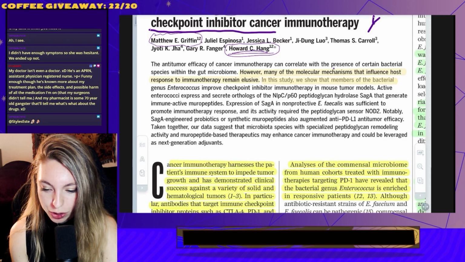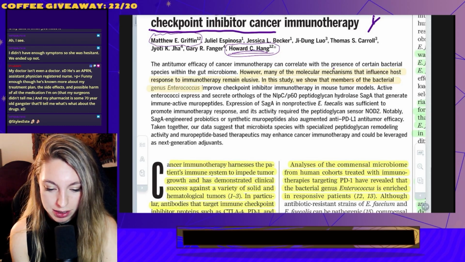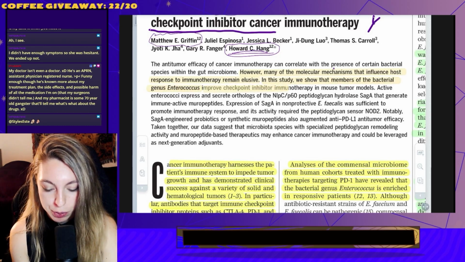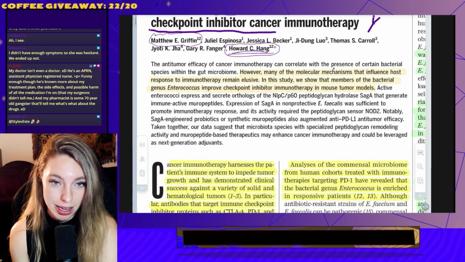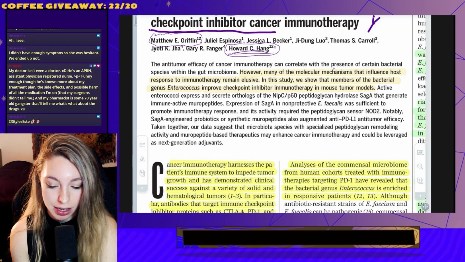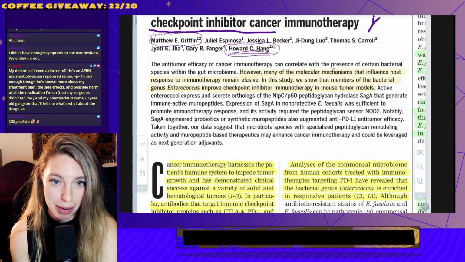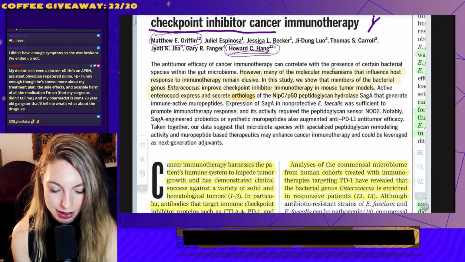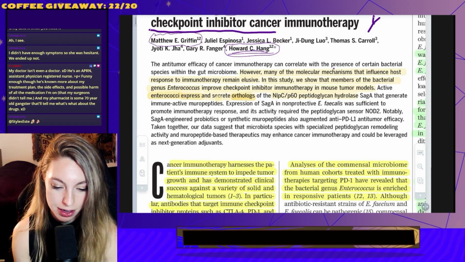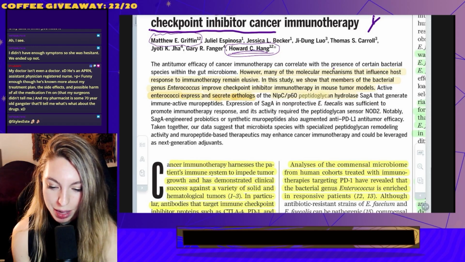In this study, we show that members of the bacterial genus Enterococcus improved checkpoint inhibitor immunotherapy in mouse tumor models. As a heads up, all of the data is going to be done in mice, not humans. They're saying that these Enterococci express, so they make the proteins and then secrete, a peptidoglycan hydrolase called SagA. Let's take apart peptidoglycan hydrolase.